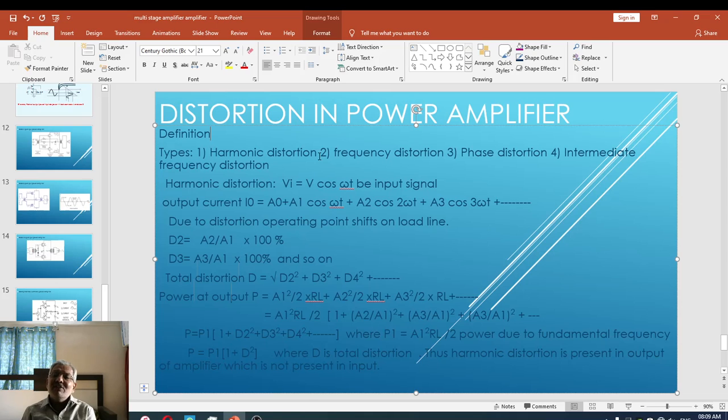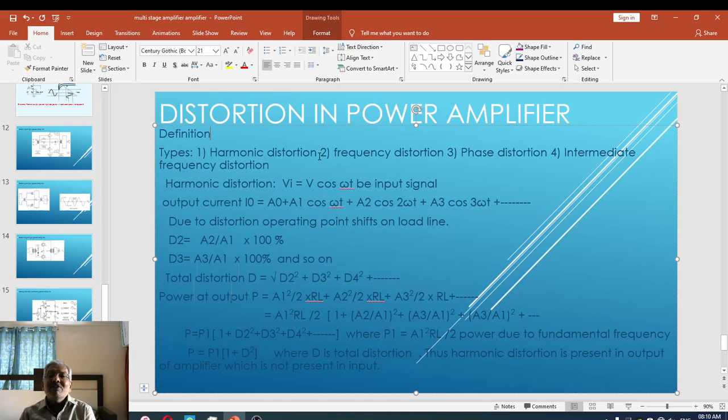So the distortion appearing in that is called the harmonic distortion. Sometimes it is also referred to as the amplitude distortion, because here the amplitude of the output signal deviates. This distortion arises due to the nonlinear characteristics of active devices.